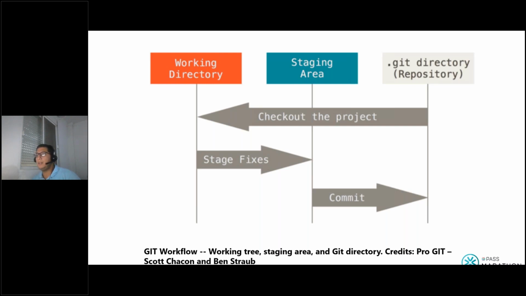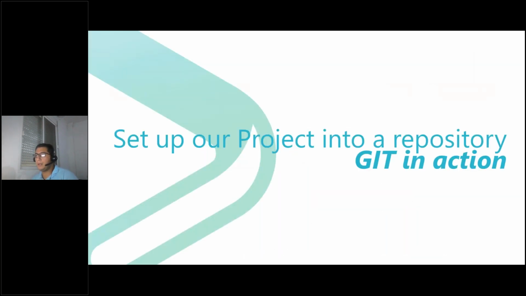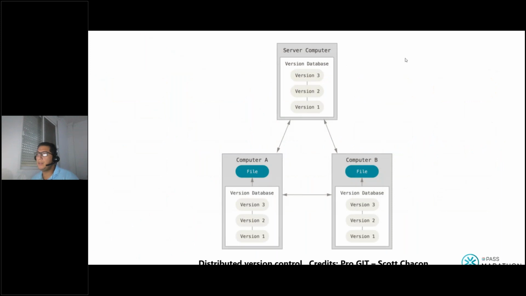Once you have committed these files, I mean, moved from a staging area to the Git directory, these files are ready to push to your remote repository, which is basically, if we remember a previous image, the server computer.